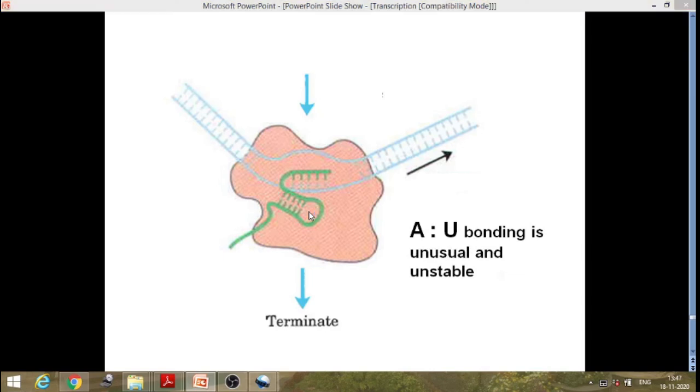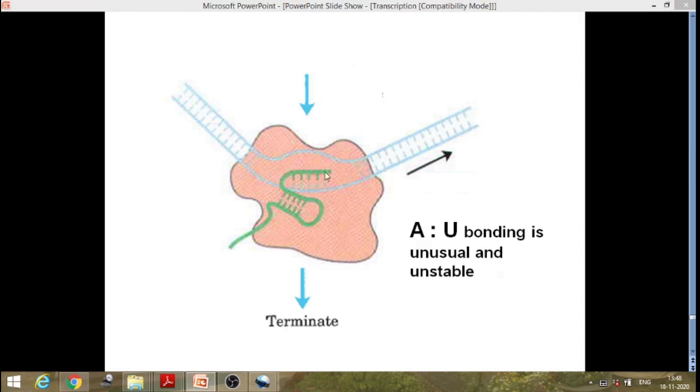Here you can see the RNA polymerase is bound to the DNA molecule, and there is an RNA transcript, this green color, and this is the stem loop structure, the hairpin loop structure, and just after that there is the RNA DNA hybrid having AU bonding.